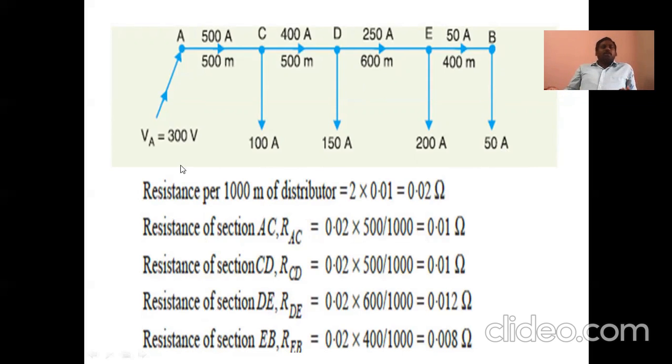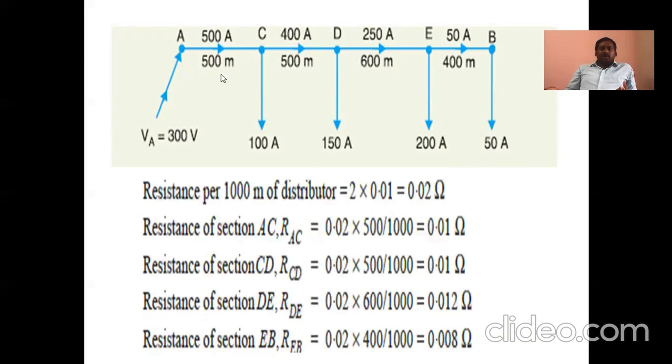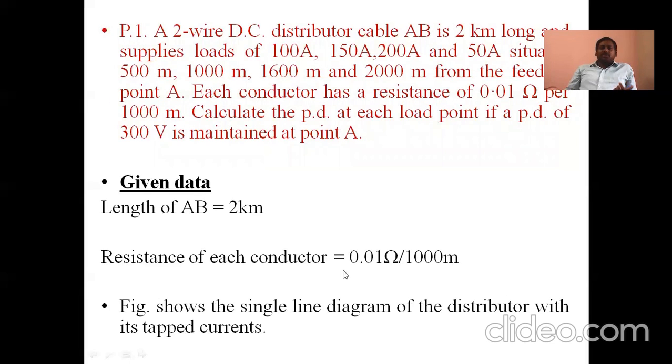See here, this is 500 meters. In the given problem, the resistance of each conductor is 0.01 ohm per kilometer, so first we calculate per meter by dividing by 1000.